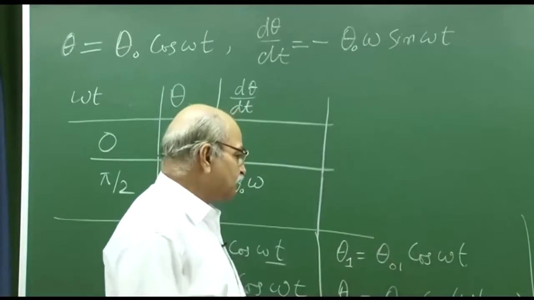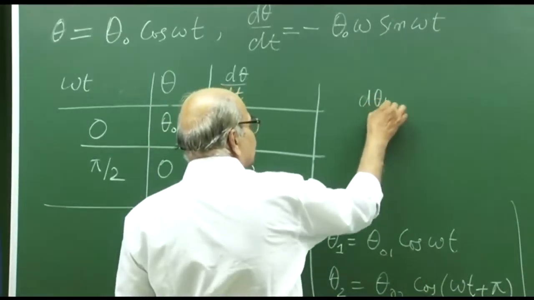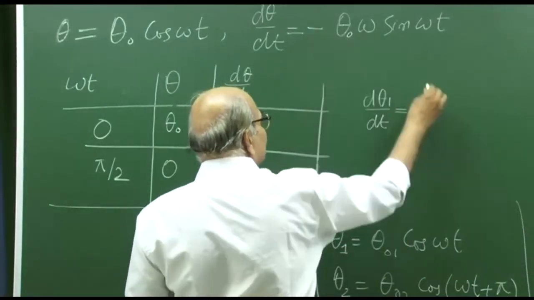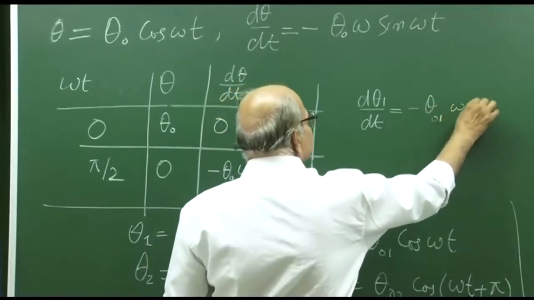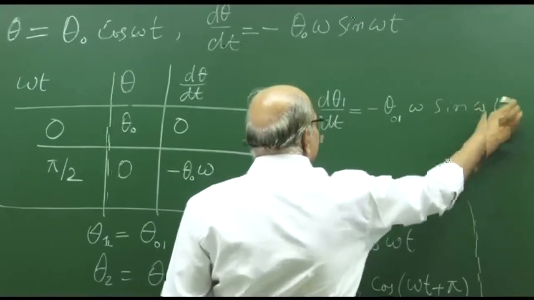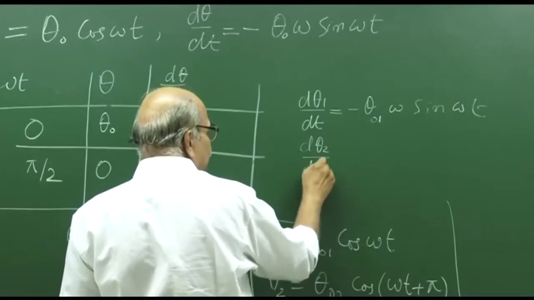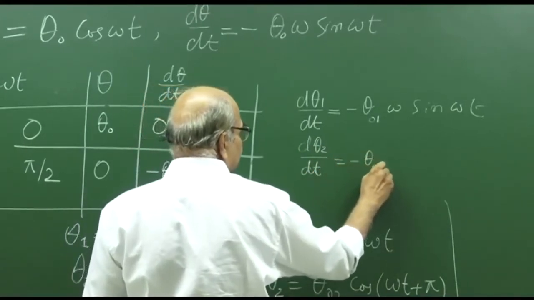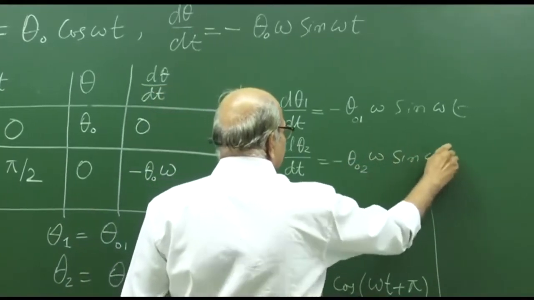So for the first one, the velocity is d theta 1 dt, that is minus theta naught 1 omega sine omega t, and for the second one it will be d theta 2 dt, minus theta naught 2 omega sine omega t plus pi.